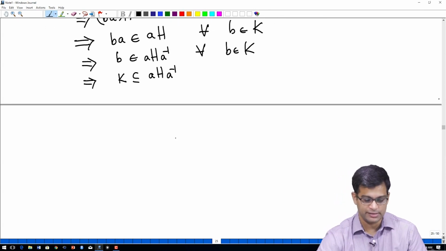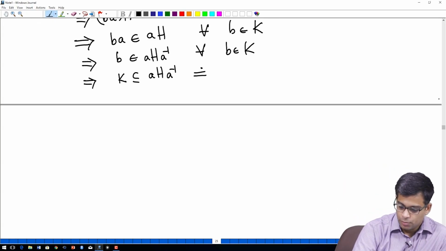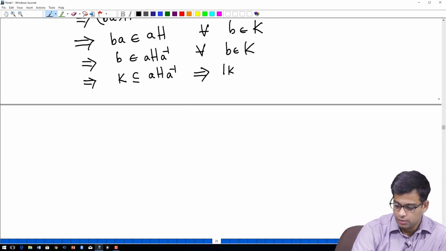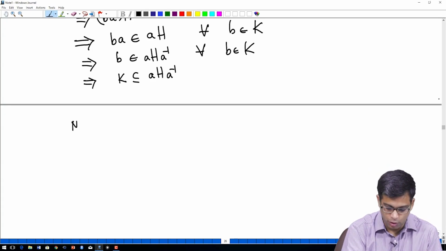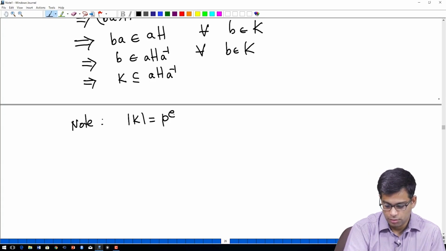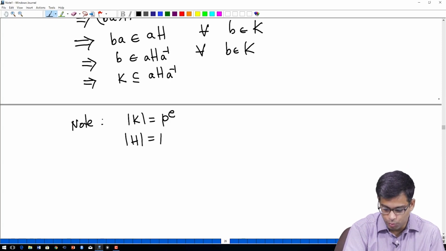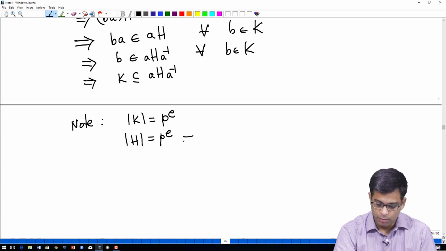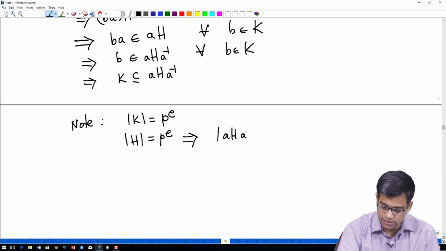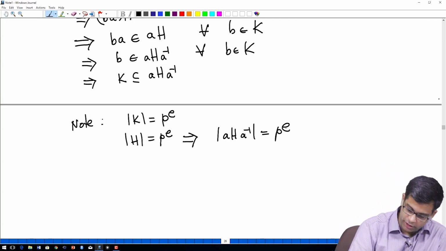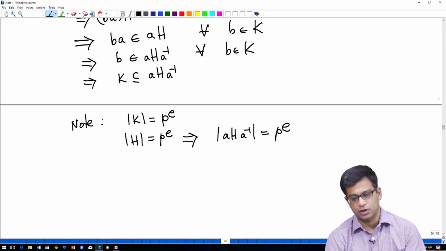So, all of K is in aHa^{-1}, but this must mean that K has the same order. Note, the order of K is p^e, and the order of H is p^e, because both are Sylow p-subgroups. If the order of H is p^e, the order of aHa^{-1} is also p^e, because conjugation does not change the order.